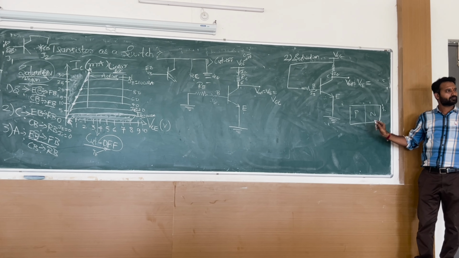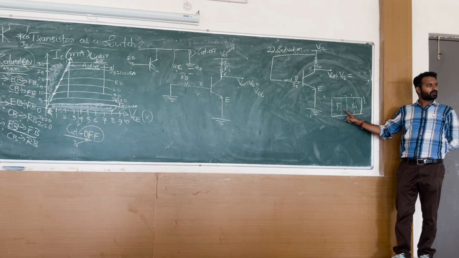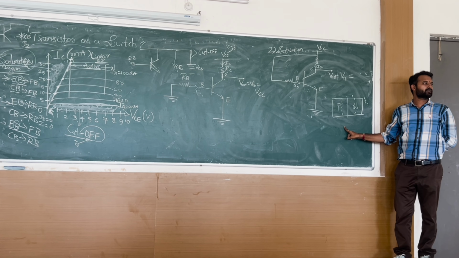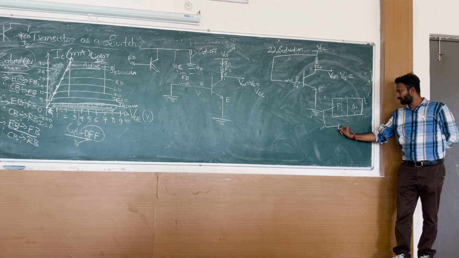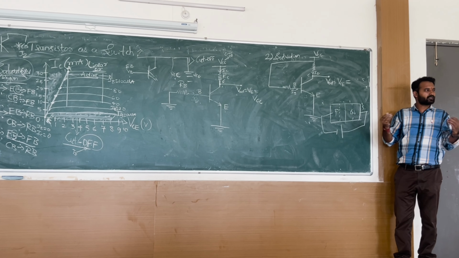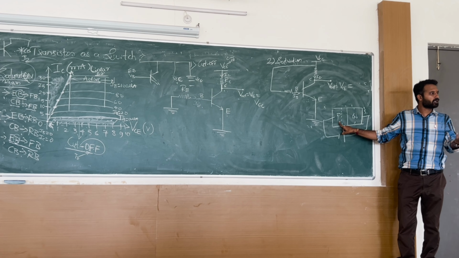What is this? The junction. If I write a dotted line near the junction, that is the depletion layer. If you apply a reverse voltage, this area increases, meaning it is in off condition. Current will not flow through the diode.